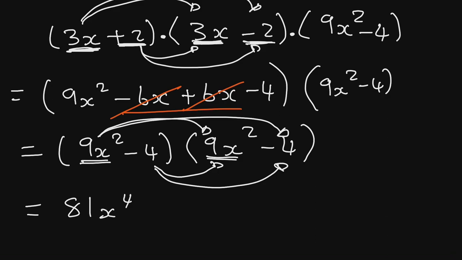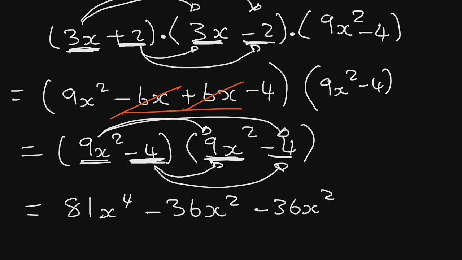And then 9x squared multiplied by negative 4 is going to give us negative 36x squared. And now negative 4 multiplied by 9x squared is also going to give us negative 36x squared. And then lastly, negative 4 multiplied by negative 4 will give us positive 16.